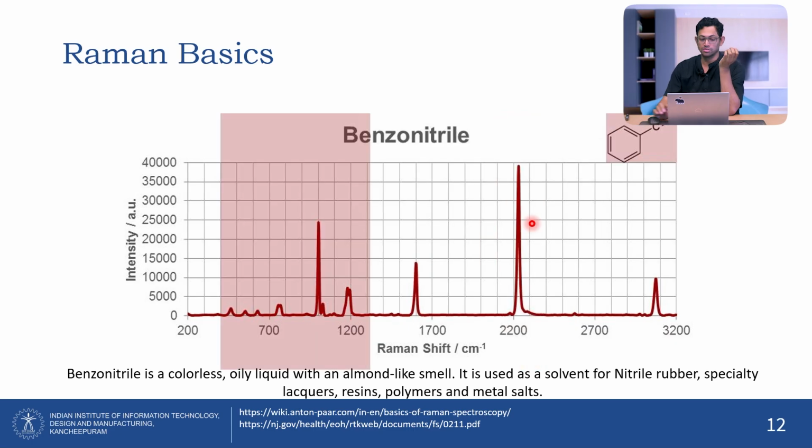Similarly, the peaks at around 900 and 1200 signify a benzene bond with carbon and a triple bond with nitrogen. So each of these peaks signifies a particular bond or chemical component, and it would be different for each and every material. My laptop screen would have a different signature as compared to my skin.